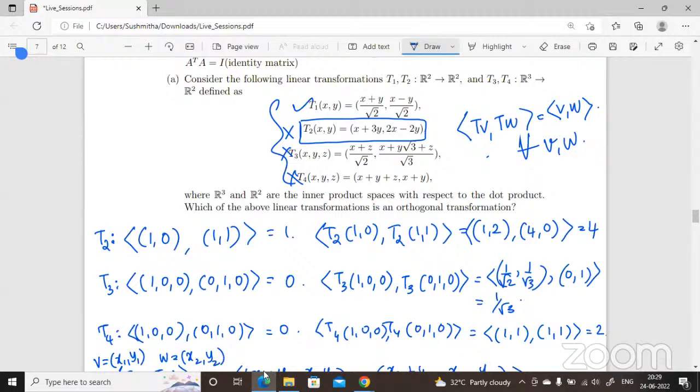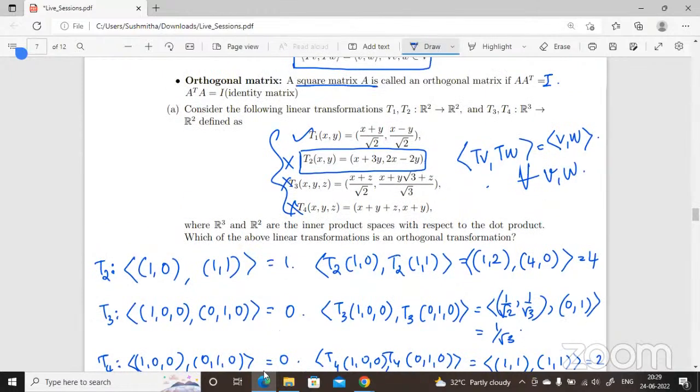So try for a counterexample instead of trying for a proof. This is how you check orthogonal transformations, whether orthogonal or not.